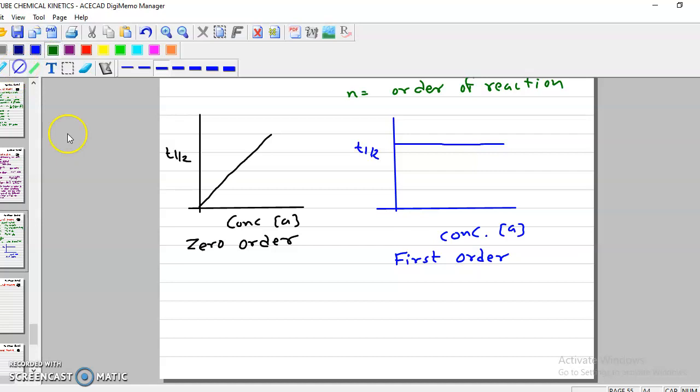Next, if we plot T half versus 1 upon A, and if it is a line starting from origin and increasing, then this is second order reaction.